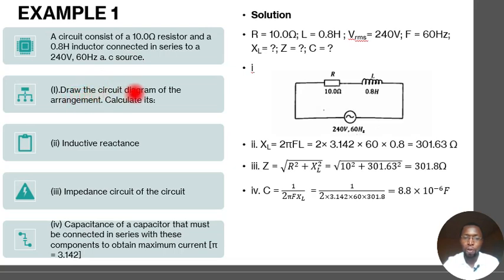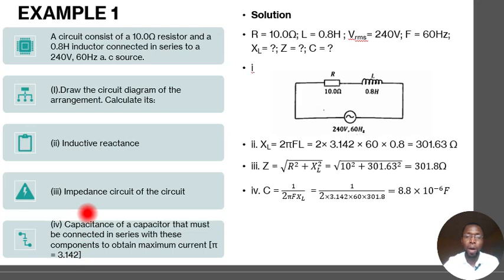Draw the circuit diagram of the arrangement and calculate: 1, the inductive reactance; 2, the impedance of the circuit; and lastly, the capacitance of the capacitor that must be connected in series with this component to obtain maximum current. Take pi to be 3.142. Okay, so this question is very simple.